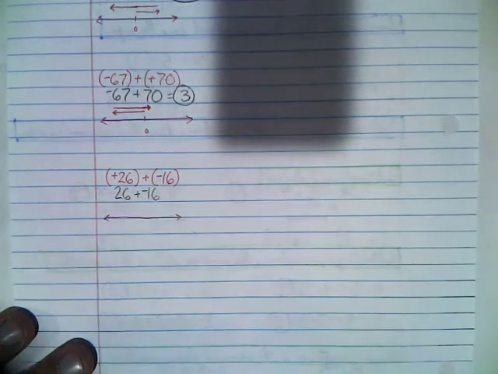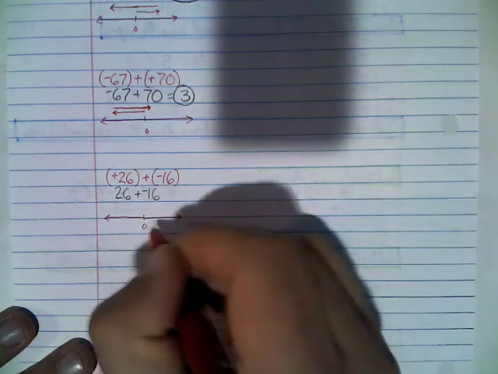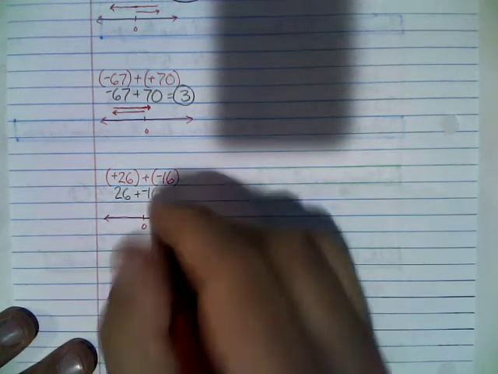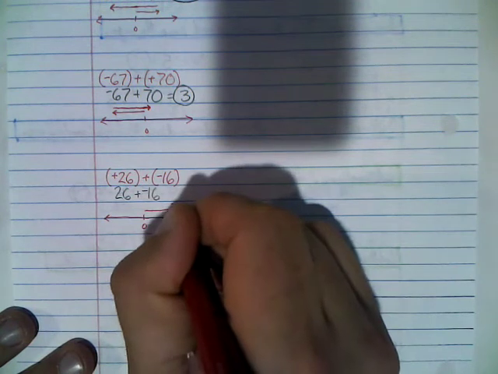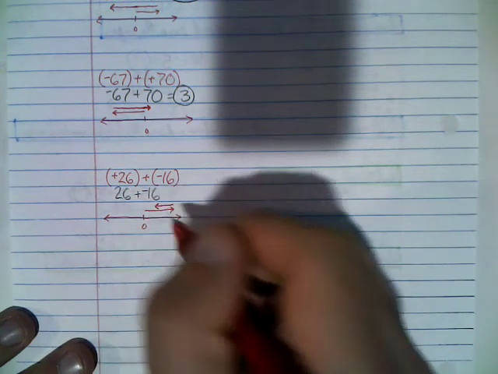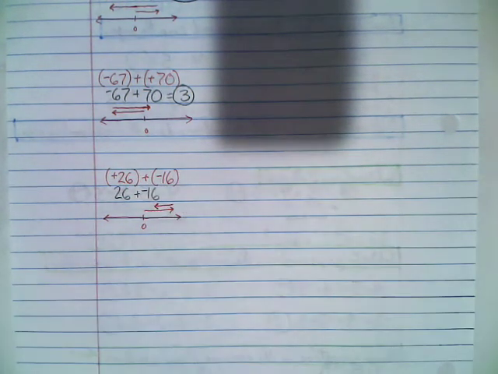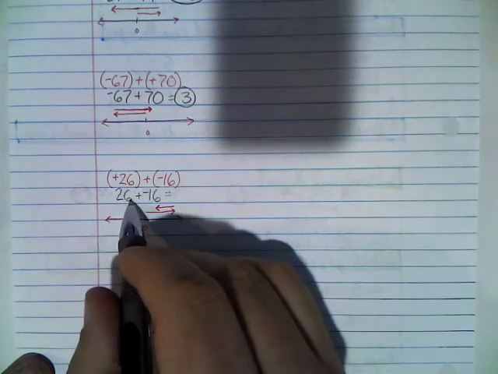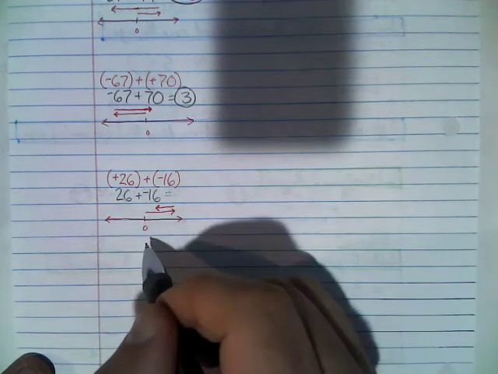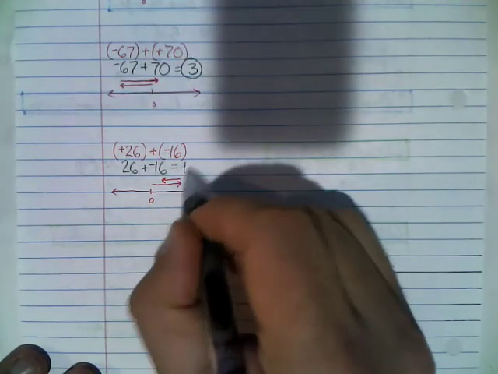You don't actually have to write a nice number line. We could just kind of make it general, do a sketch. So positive 26 would send me 26 this way. Negative 16 is going to go to the left, but it's not quite enough to send me back to 0. So we are going to be still on the positive side, and this will basically be 26 minus 16, so it's a positive 10.